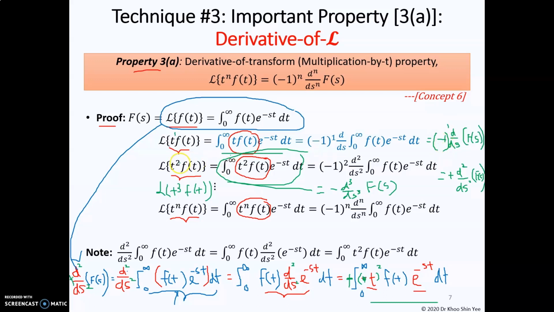If t is to the power of 2, over here is negative 1 to the power of 2, which gives you positive. If you have t to the power of 3, over here is negative 1 to the power of 3, which gives you negative. So you can form the pattern: when you have a Laplace transform for t to the power of n f(t), then you have negative 1 to the power of n here, and you differentiate F(x) with respect to x to the n-th order.